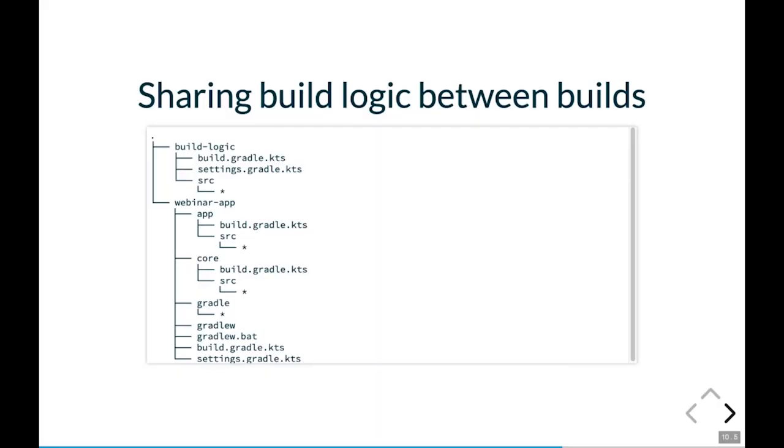Another interesting scenario is sharing build logic not only inside a single build, but across different builds in an organization. It doesn't really matter if it's a monorepo or multi-repo, but let's say a monorepo with multiple builds, and you want to make sure you have the same set of conventions across all those builds.